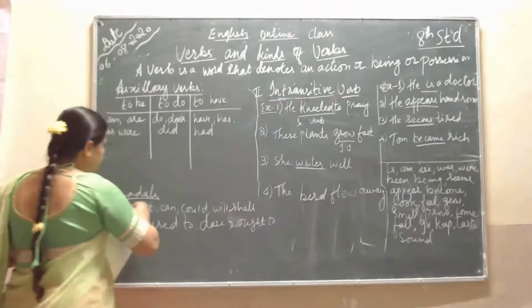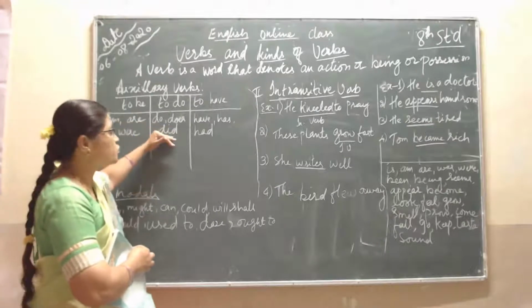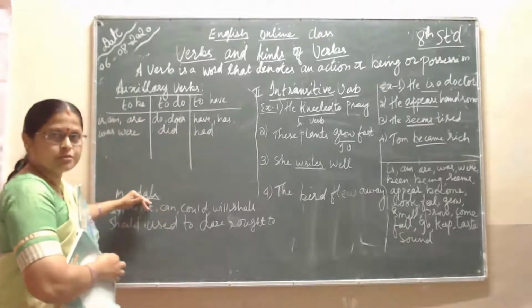So these are all the modal auxiliaries. To be auxiliary verbs, to do auxiliary verbs, to have auxiliary verbs, and the modal verbs.